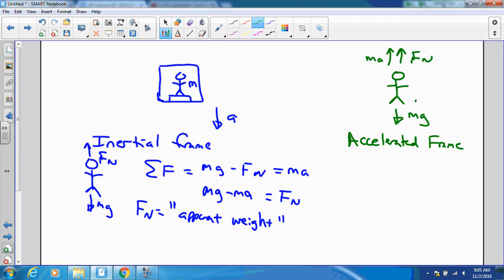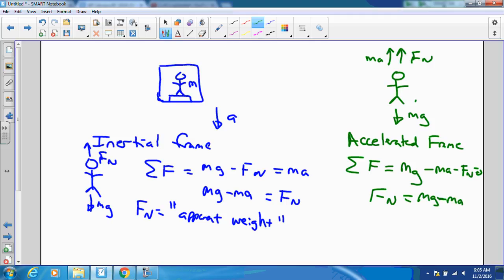So here we apply Newton's first law, because we're measuring the man's position in the elevator, and his position literally doesn't change. So what he sees is that the sum of forces is equal to mg pulling down minus ma pulling up minus Fn. All of that adds to 0.